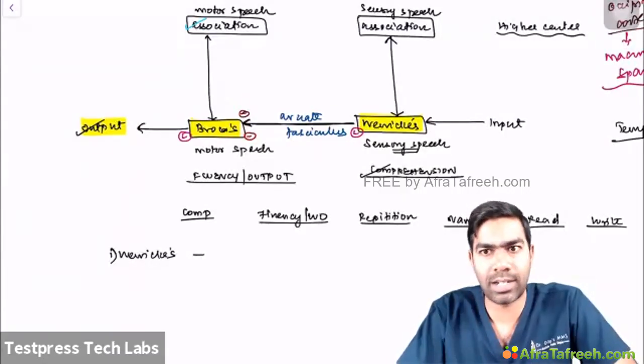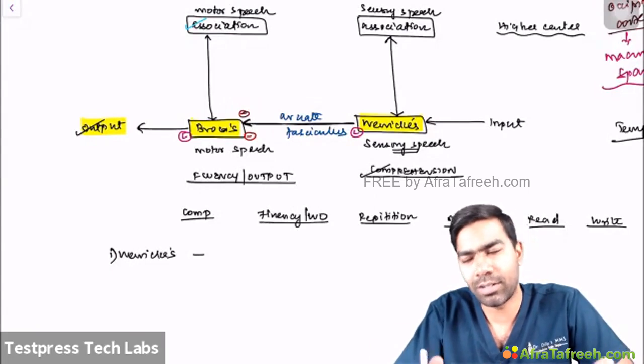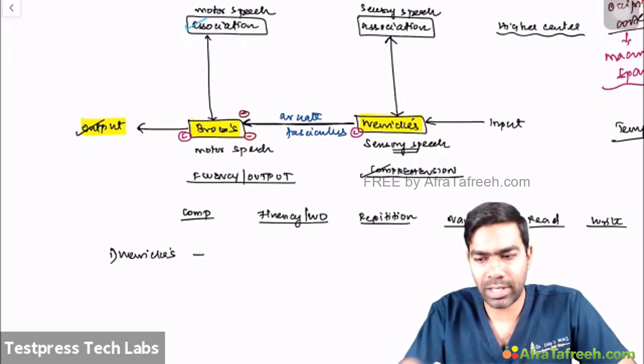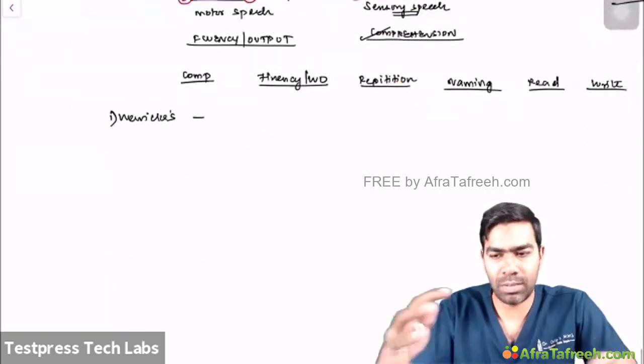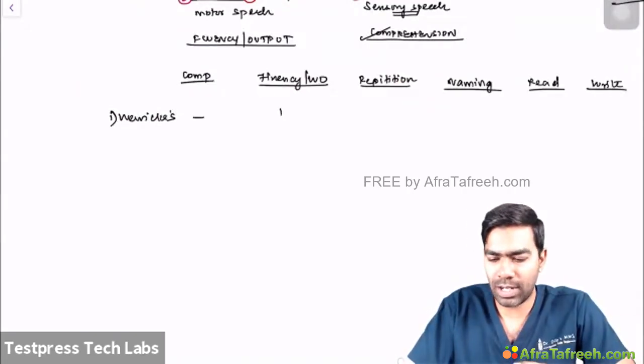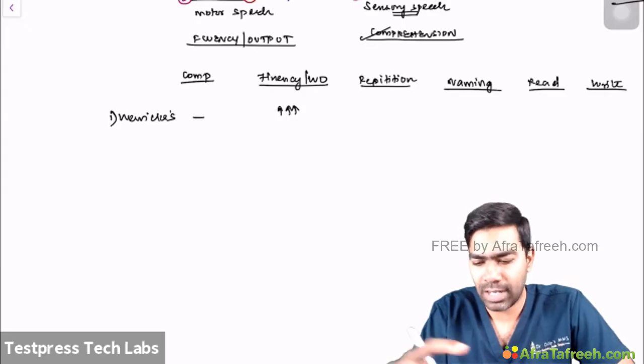You don't speak unless it is really needed, isn't it? You don't keep blabbering all the time, even though some people have a poor inhibition of Broca's. Most of the time you don't speak unnecessarily unless something is asked. So remember, Wernicke's is keeping Broca's under inhibition. Once the Wernicke's area is gone, your Broca's area will be released and the person will keep on speaking. So the fluency and word output will be increased.